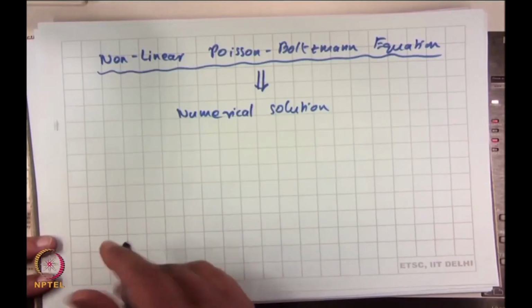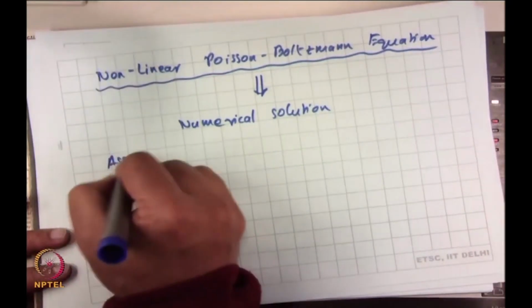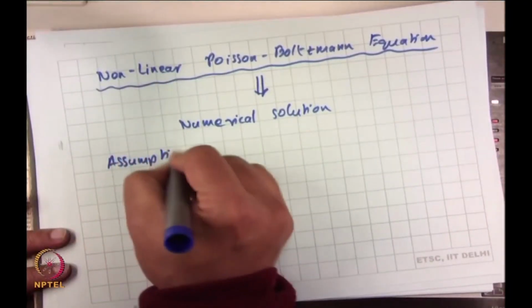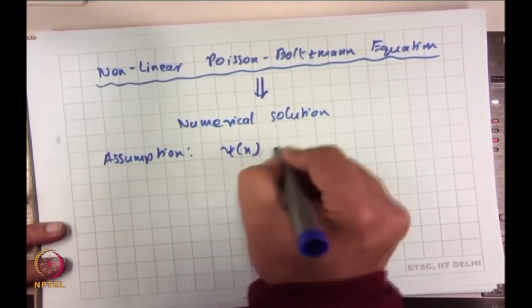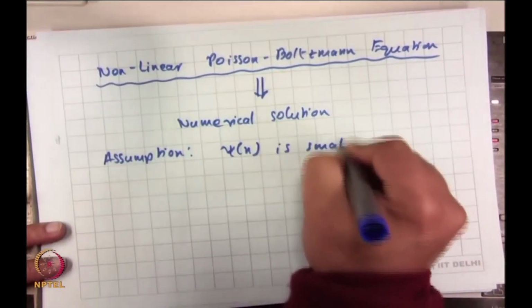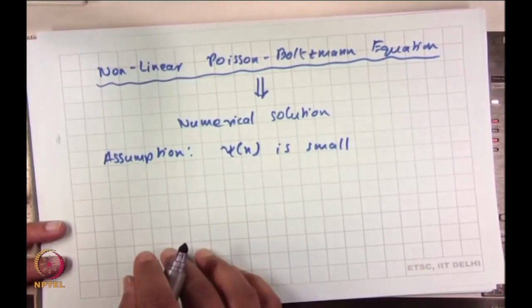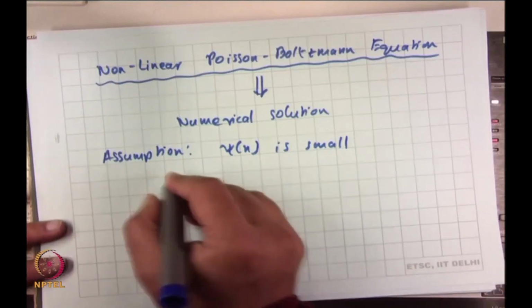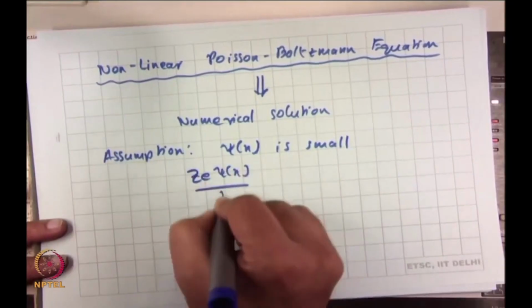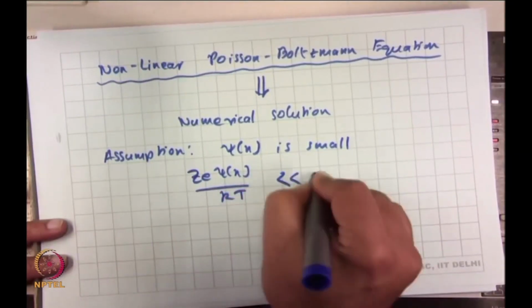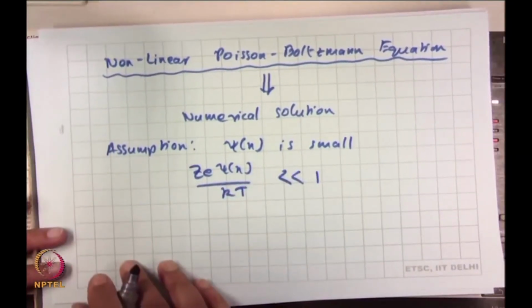The assumption we are going to make is that psi of x is small. That means the electrostatic effect is small, and if that is the case, then I can write Z e psi of x over k T is much less than 1.